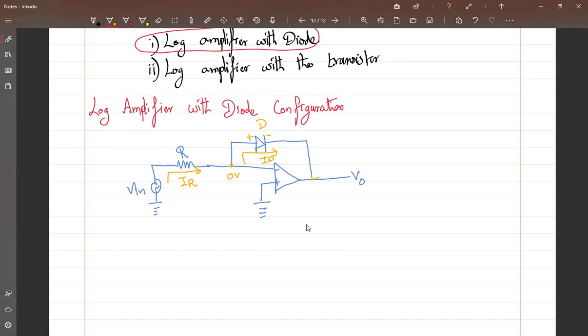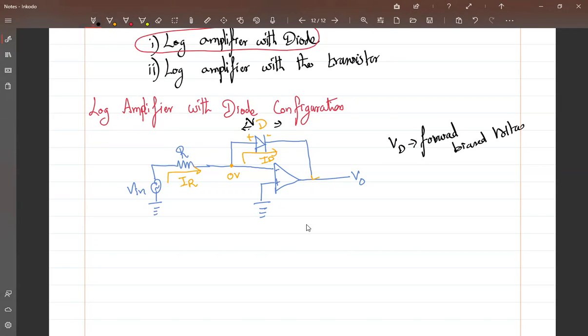Here we can consider VD as the voltage across the diode, which is nothing but the forward biased voltage.